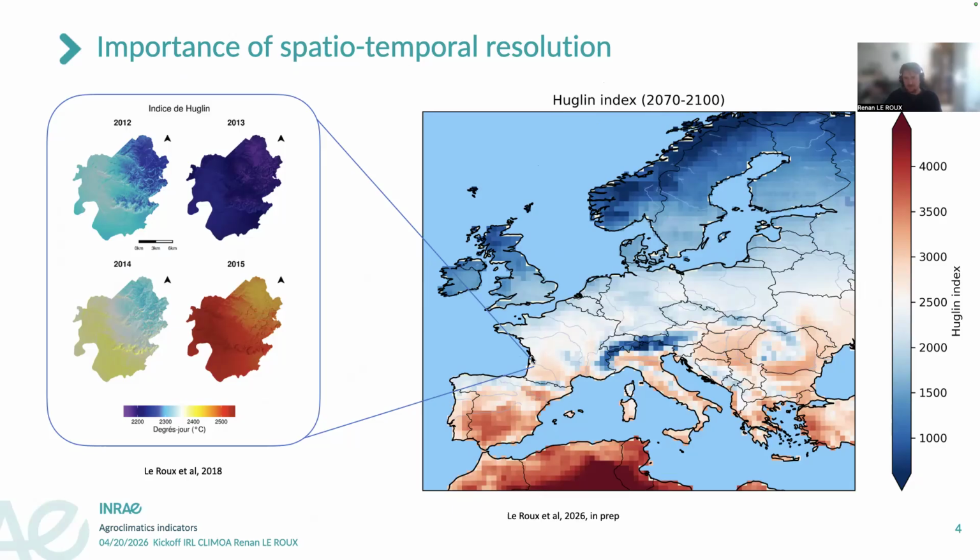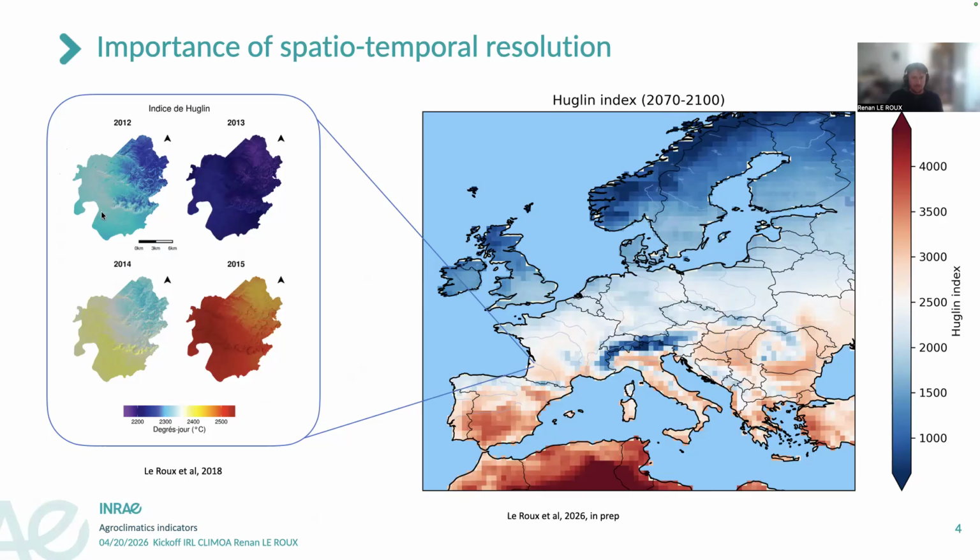But the interesting thing on this plot is that if we take just one cell of the 50 km climate model and do some very fine scale modeling, as we did during the LIFE Adviclim project, you can produce a very fine scale map, which is a 100 meter map here, for different years.